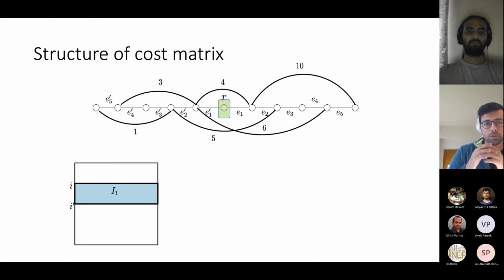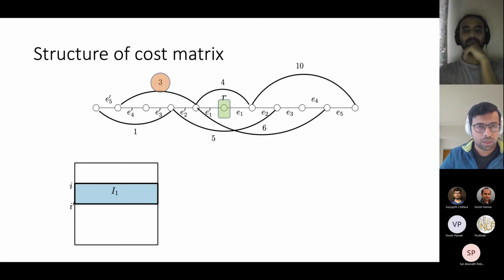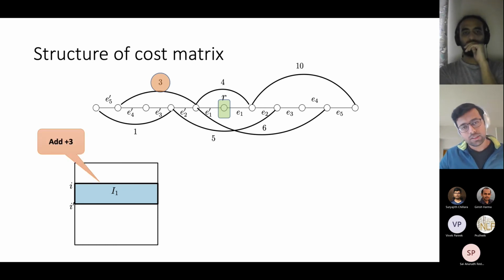What you do is check how the introduction of this new non-tree edge is going to affect your matrix. So suppose I give you this edge 3. My claim is that it's only going to affect these rows. You're just going to add 3 to these rows.